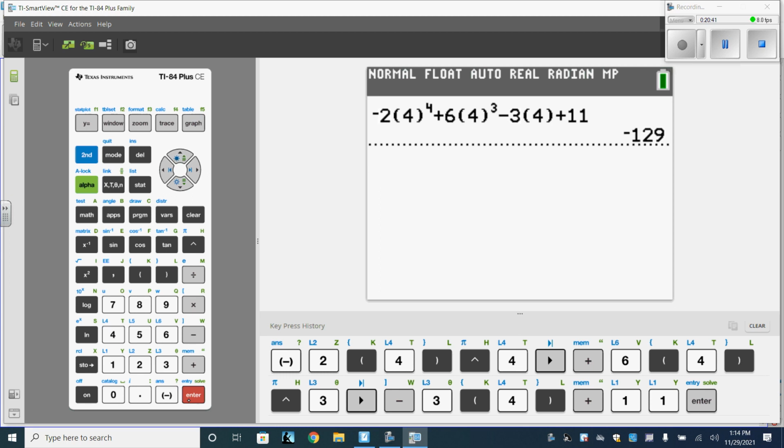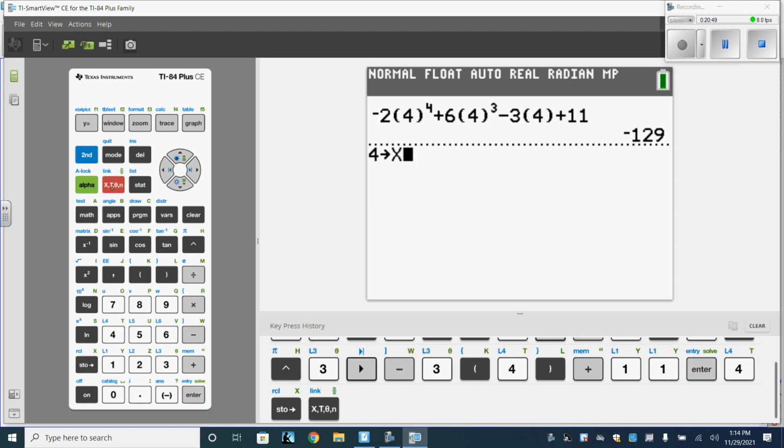Because of the store feature right above the on button, the STO is store. So if I wanted to, what I could have done is hit store X. And what that's telling the calculator is that I want it to store 4 into the value of X. So from now on, I'll go on and hit enter. Whenever it sees X in a calculation, it's going to think of it as 4. Now this doesn't affect graphing when we graph a function.